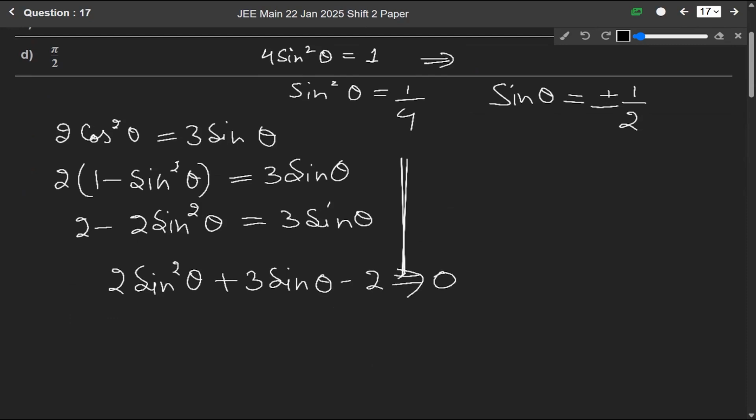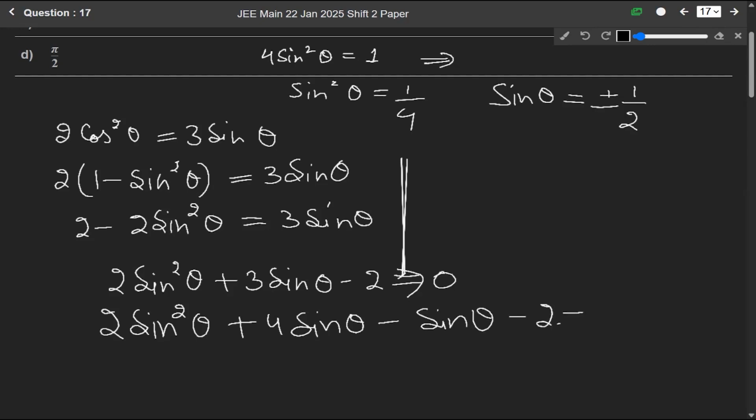Okay. So when we factorize it, 4 sin square theta means this will be 2 sin square theta plus 4 sin theta minus sin theta minus 2 will be equal to 0. So when we factorize it, we get sin theta will be equal to 1 by 2.